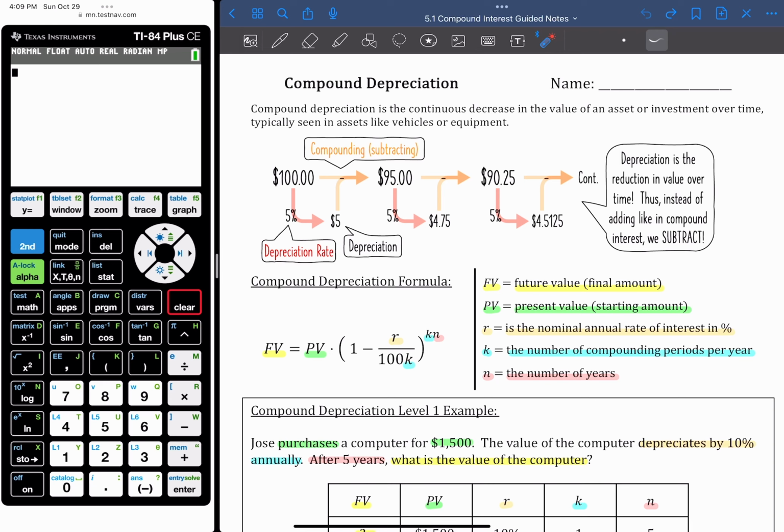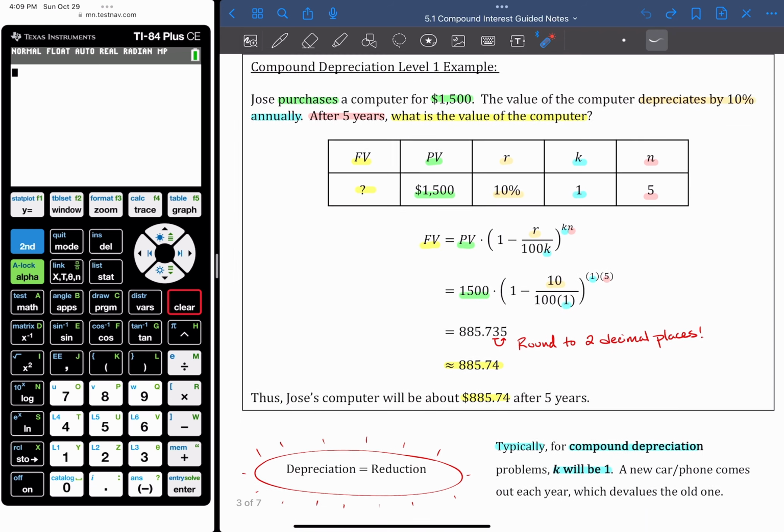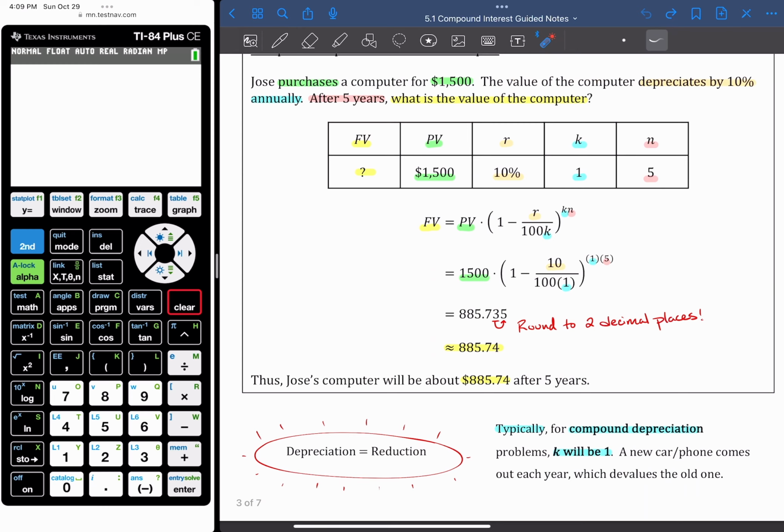Now, one thing that we need to talk about: K for compound depreciation questions or problems will most likely be 1. The idea comes from this. A phone usually comes out once a year, right? And a new car comes out once a year. So the value of that item decreases because within the next year, we're going to have a new item, a new vehicle, a new phone, a new laptop.